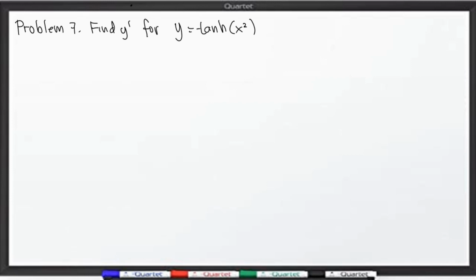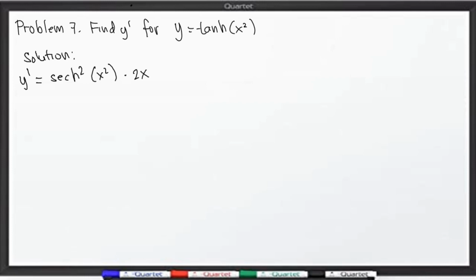We have problem number 7. Find y prime for y is equal to tan of x squared. And we say solution. This is just a straightforward solution. We say the derivative of y, which is y prime, is equal to the derivative of tan is sec squared of x squared times du dx, which is 2x.